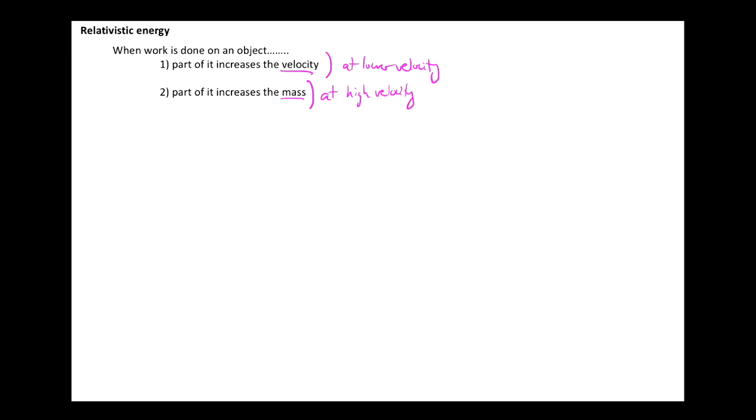So you might imagine that at lower velocities, primarily, if I do work on an object, I just speed it up. But when I get to the point where I can't really speed it up anymore, it starts to switch over. There's, of course, a combination as I go faster and faster, but this is a larger effect at high velocity. Instead of making it go faster, I push on it and just add to its mass.